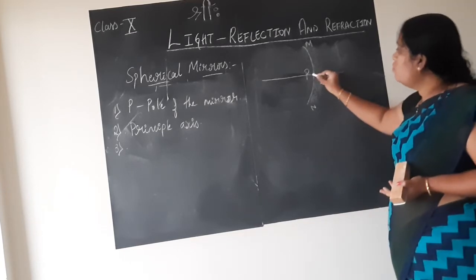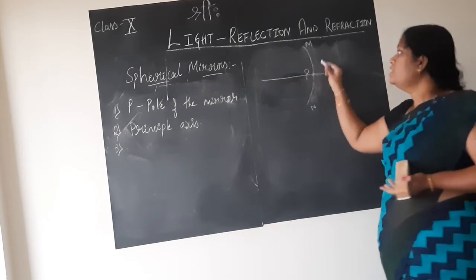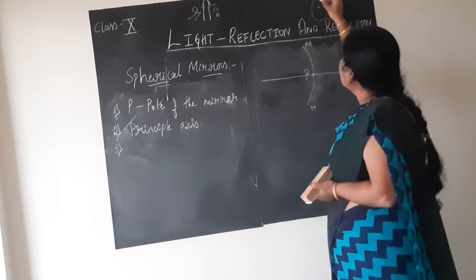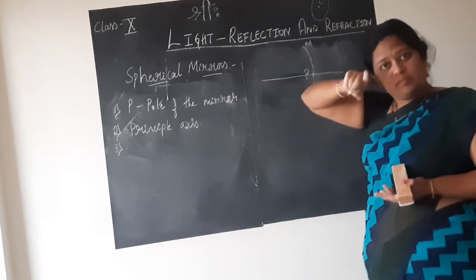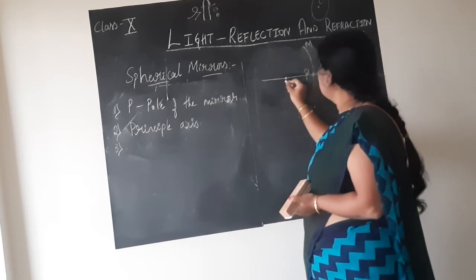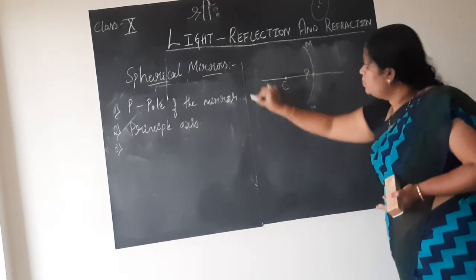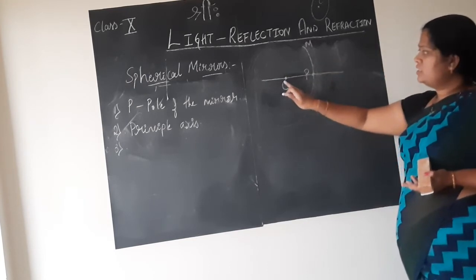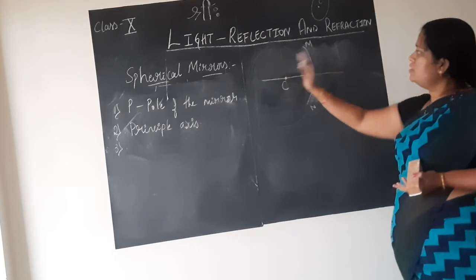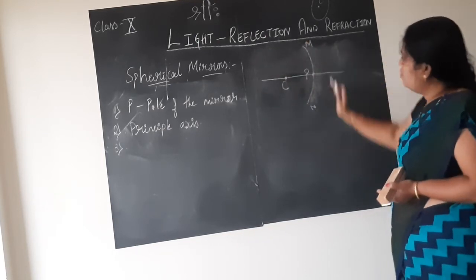Now the pole is the center of the mirror, which is part of the sphere. But when we had the whole sphere, a circle has one center, C, which will be present somewhere here, represented by C. I cut the sphere into half, and this half I am explaining about.